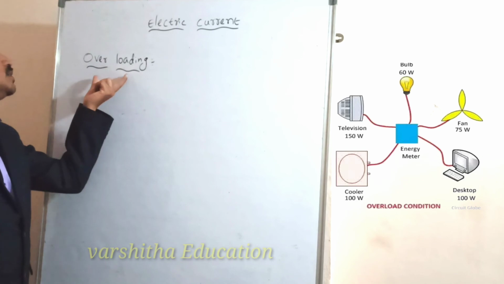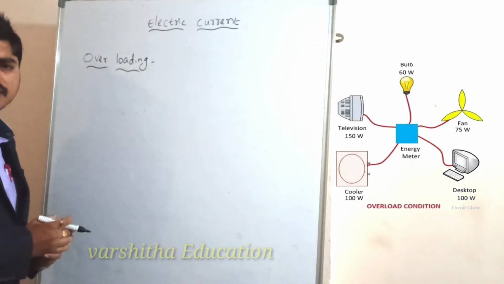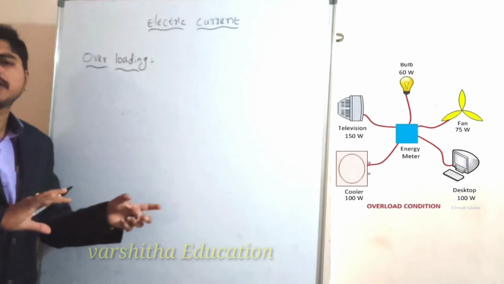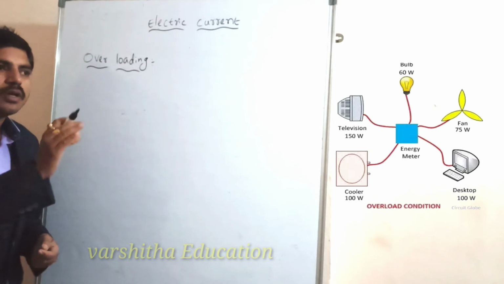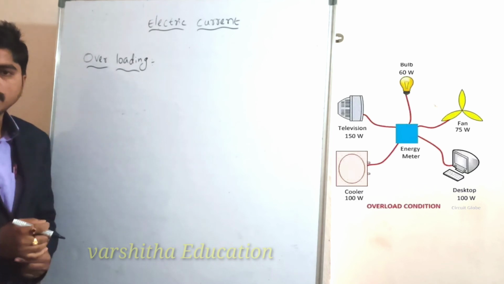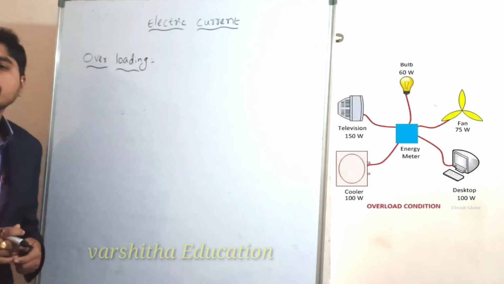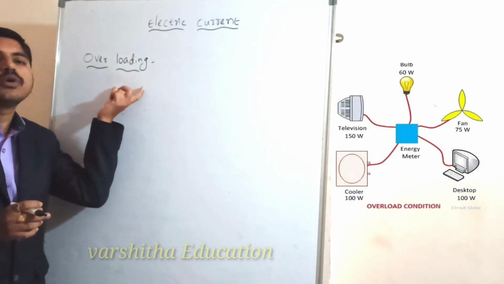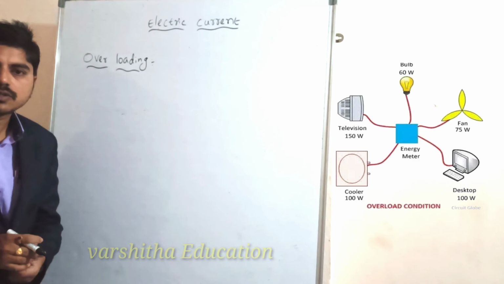Now we go to overloading. Overloading concerns our electrical appliances. In our homes, we use different types of electrical appliances. For example, in my home I am using a fan, TV, fridge, tube light, and other appliances. So what is meant by overloading in this circuit?